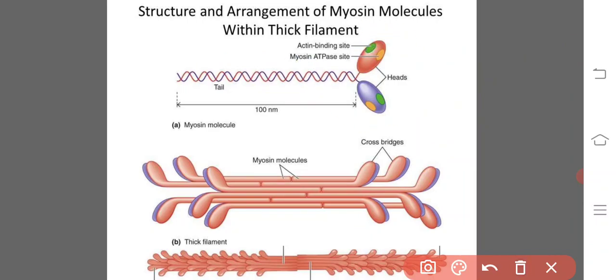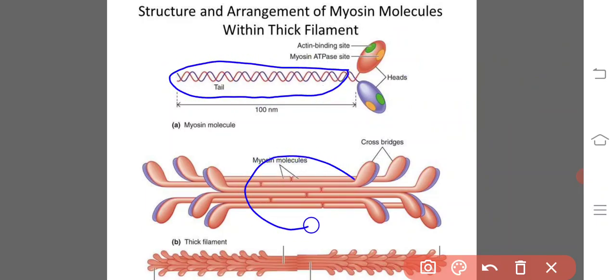The tails are twisted and parallelly arranged and form the shaft-like structure, whereas the heads of the molecule look like two golf clubs. They are twisted together, and made up of two types of meromyosins.